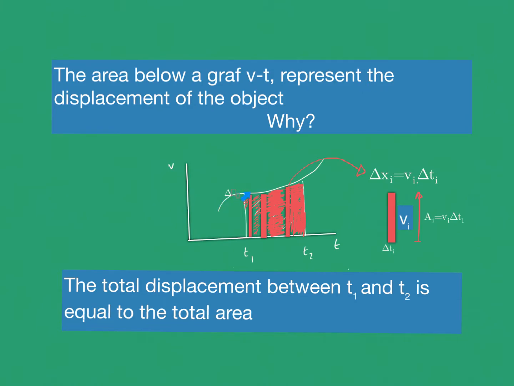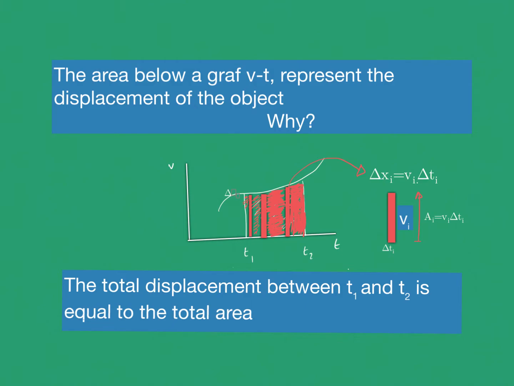So if you have V of t, any situation where the velocity is changing, and you see the area below the curve, the total area represents the total displacement between T1 and T2. If you see a big area, there is a big displacement.